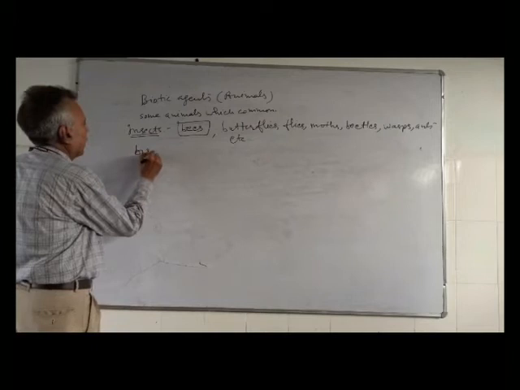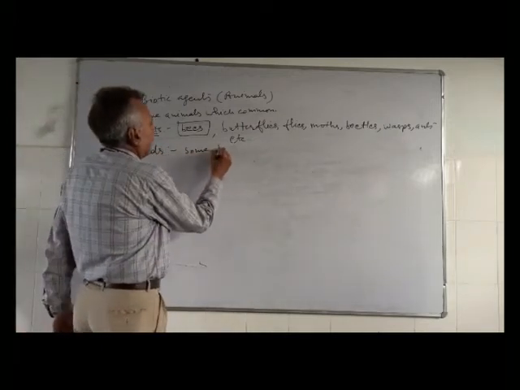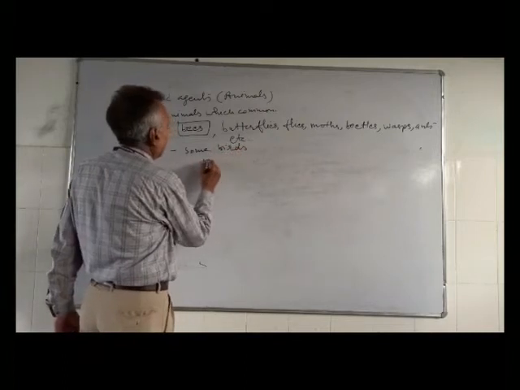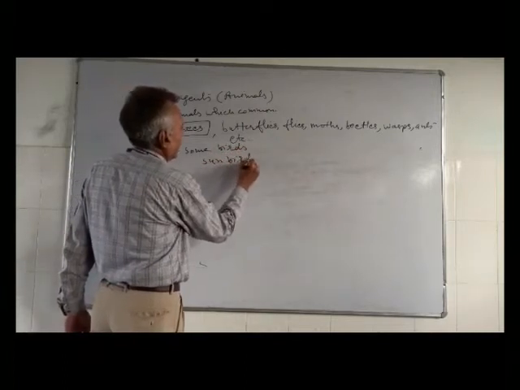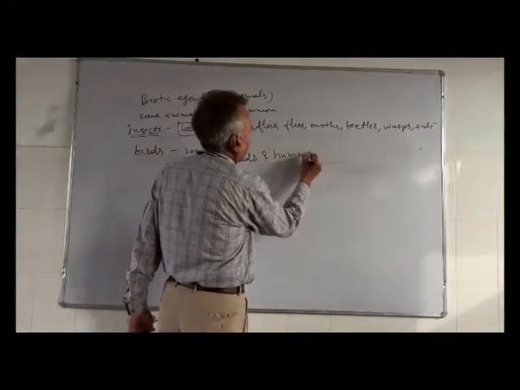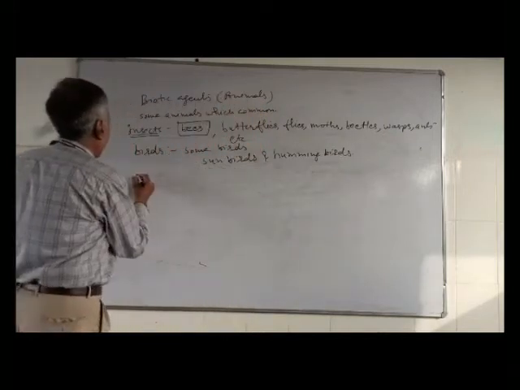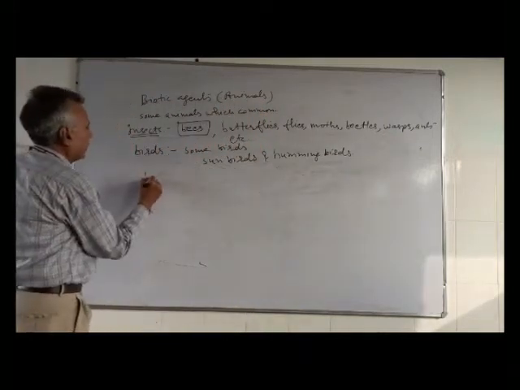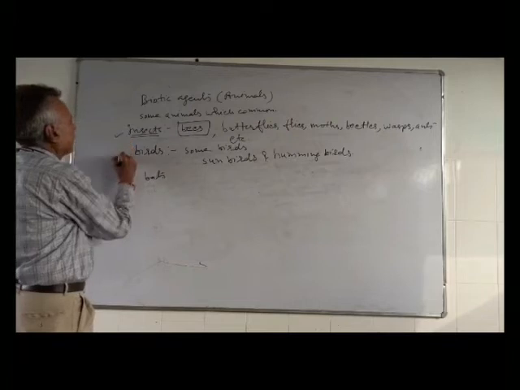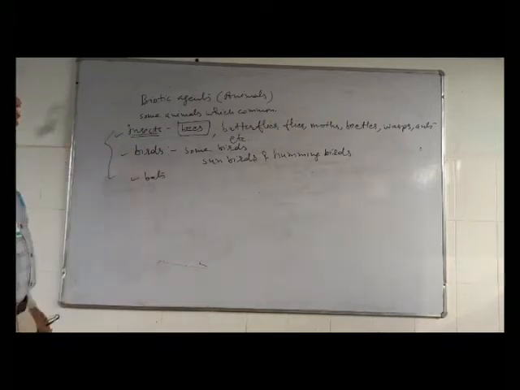Birds. Some birds, for example, sunbird and hummingbird. Bats. Insects, some birds, bats, these are the common pollinators.